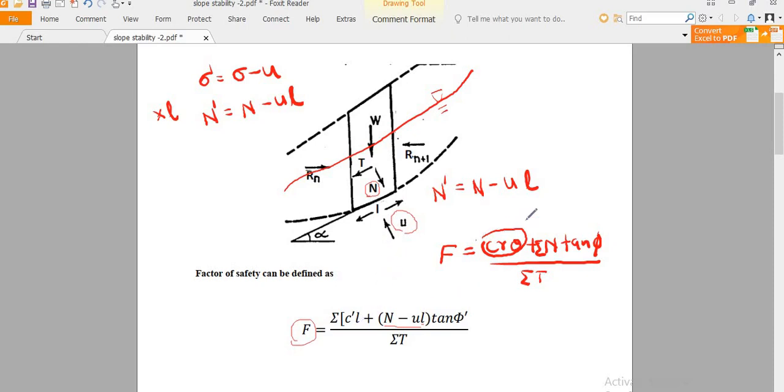So that's why this becomes C into L, and the sum is for all the slices, right?